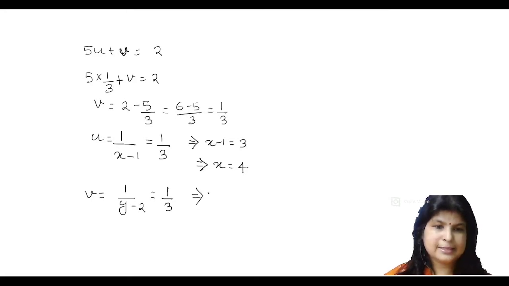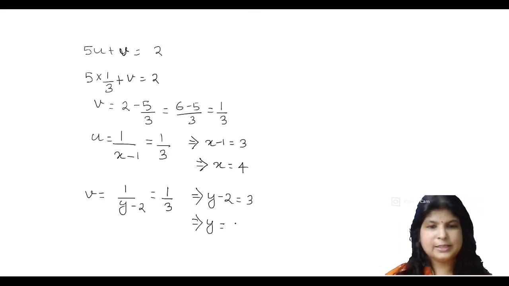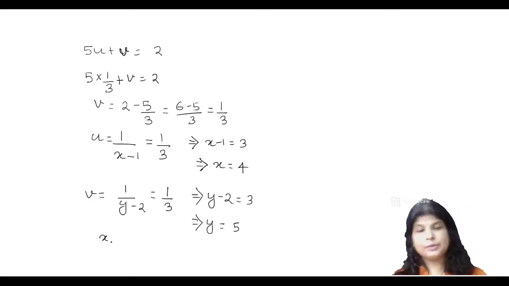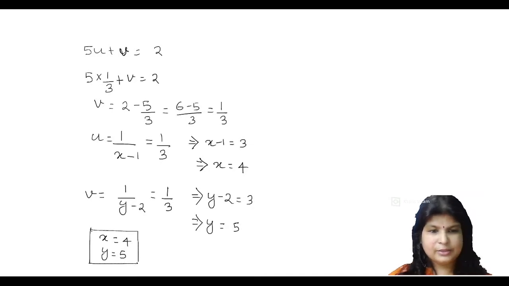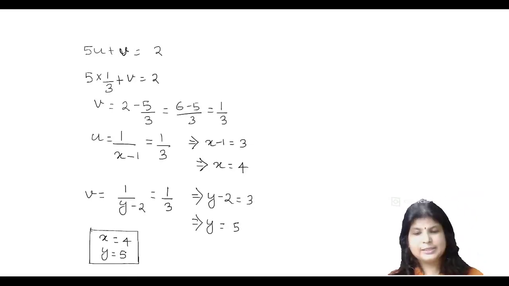It implies y minus 2 is equal to 3. So it implies what will be your value of y then? y is equal to 5. So what will be your solution values then? So you will get x is equal to 4 and y is equal to 5. Correct, children? Okay, so with this we have completed this problem.